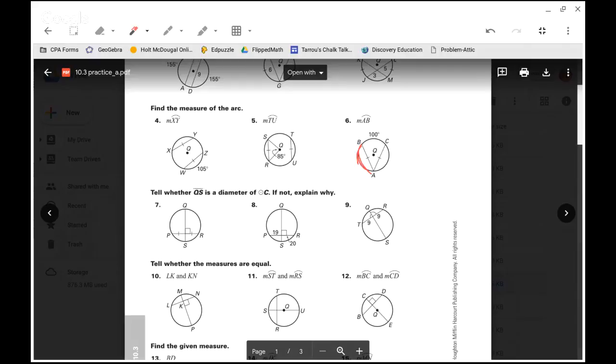When we look at this, we know the circle adds up to 360, right? And when it tells us that those two chords are congruent, then we know that these two arcs are congruent as well, okay?